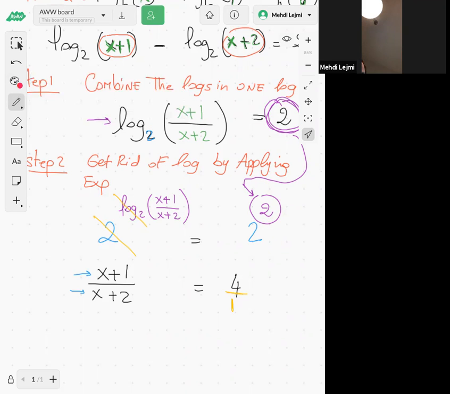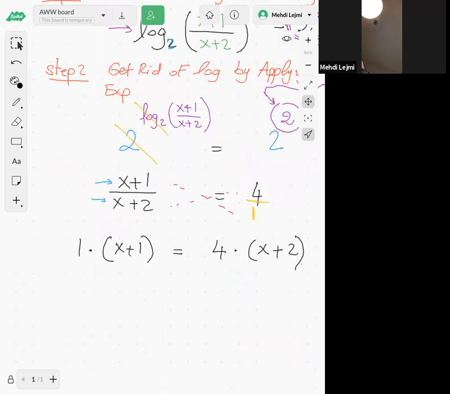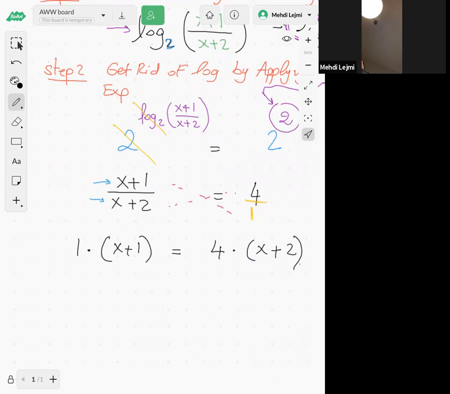So that would be 1 times x plus 1 equal to, on the right side, 4 times x plus 2. That would be x plus 1 on the left, and on the right, it's 4 times x plus 4 times 2, which is 8.